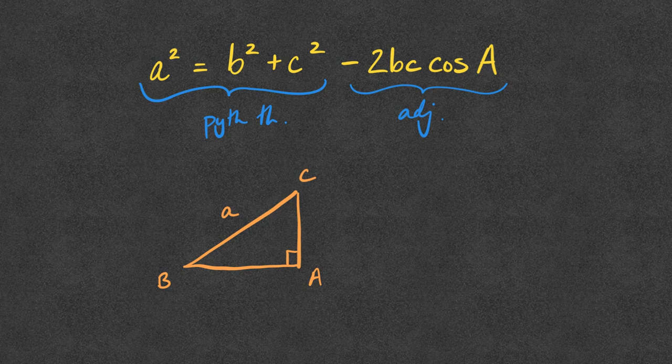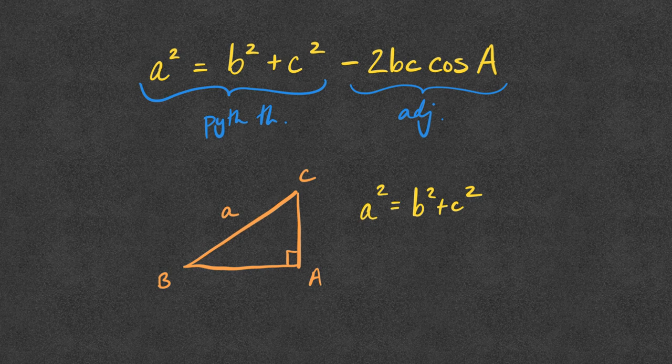Okay. I hope you guys can see that triangle I just drew in orange would be very similar to what I would use for my cosine law. I could write out a cosine law for that. That would be a squared equals b squared plus c squared, and notice that Pythagorean theorem would work on the orange triangle.